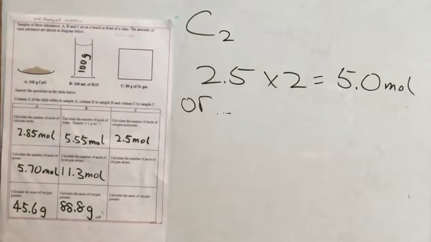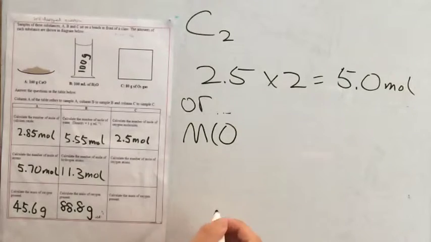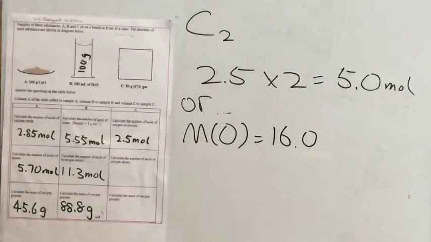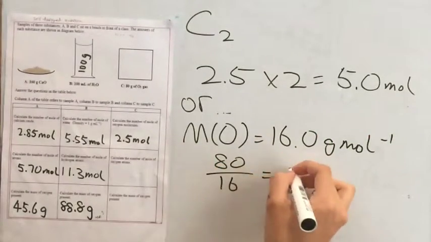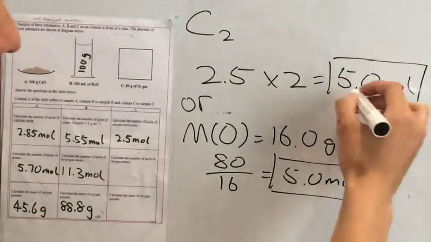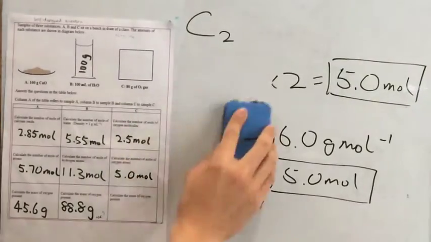So 2.5 times 2 is equal to 5. Using the other method, we would take the molar mass of oxygen to be 16 instead of 16 times 2, as we're only working out the oxygen atoms. And this will make it so that n is equal to 80 divided by 16, and we will still get 5 moles.